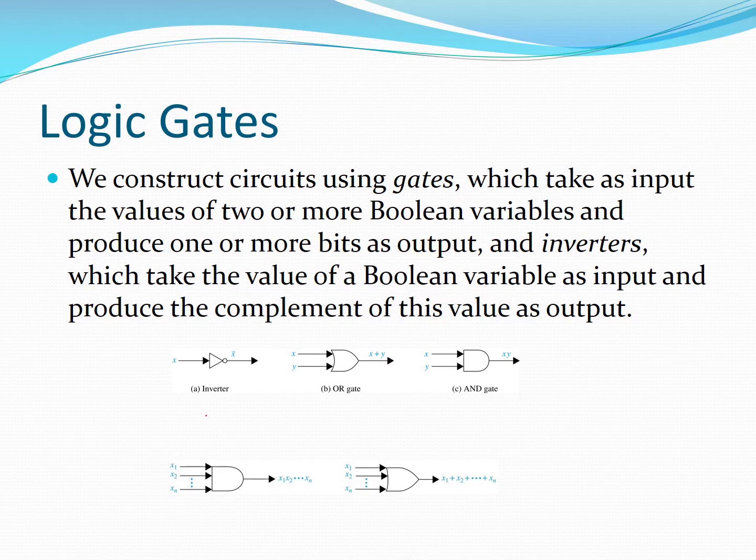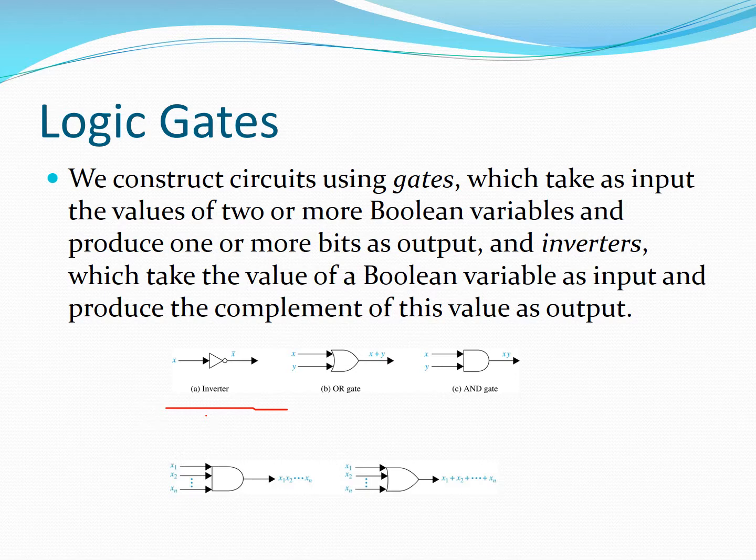The very first gate here is called the inverter, and this represents the complement operator. The inverter performs the complement Boolean function. It takes a variable x and produces x bar.